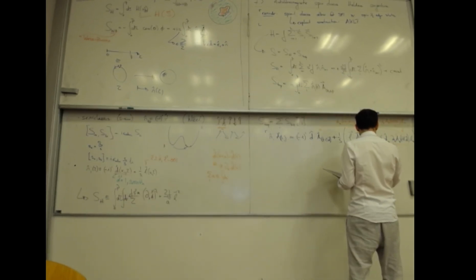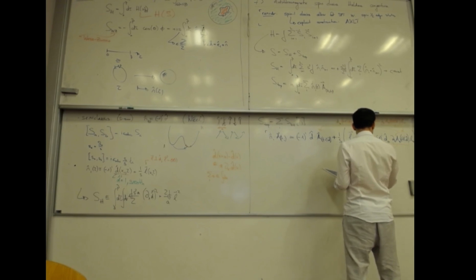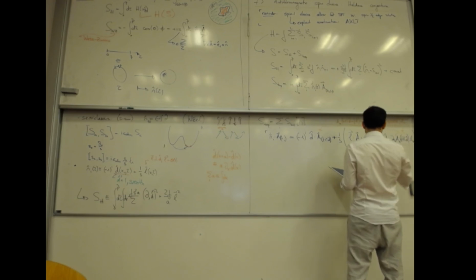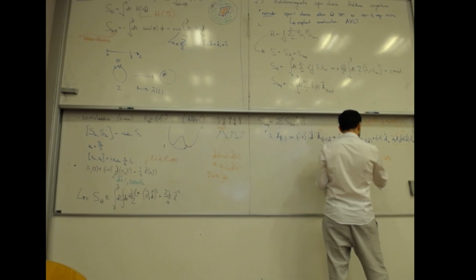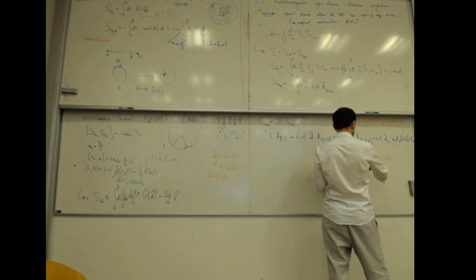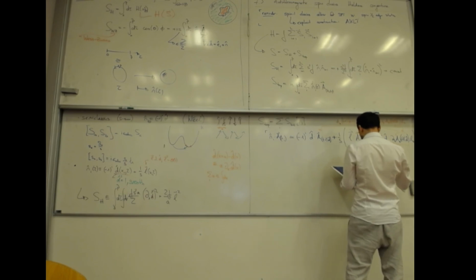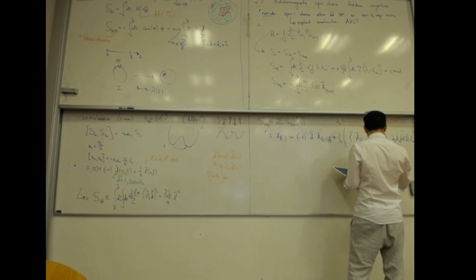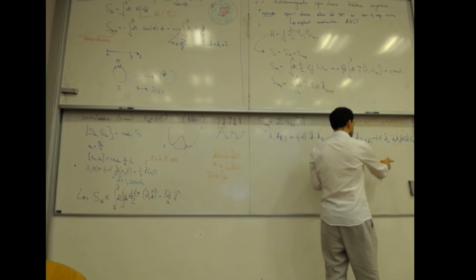And this here is going to be equal to, I have this argument with a minus 1 to the i. Usually you see that this is just the epsilon b a c. This is just the curl of A, so what I get is epsilon b a c times the curl, which is nothing but minus 1 to the i d_c. That's this part.